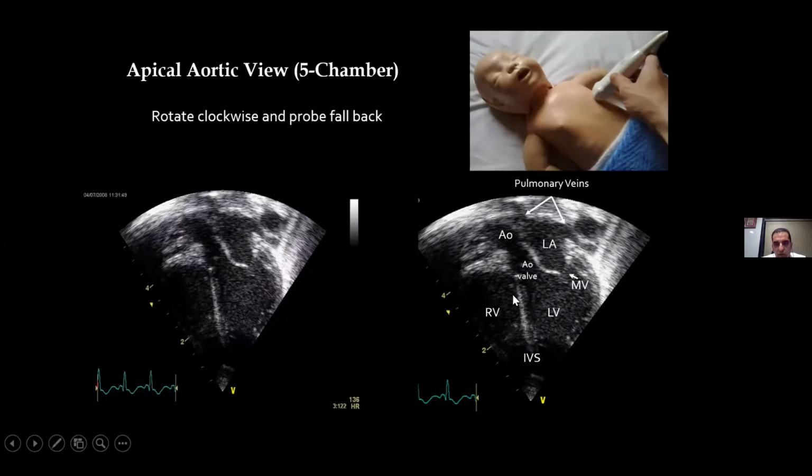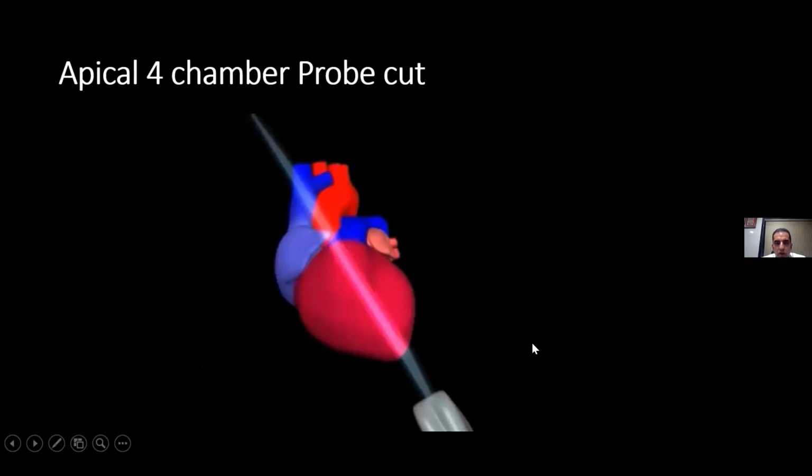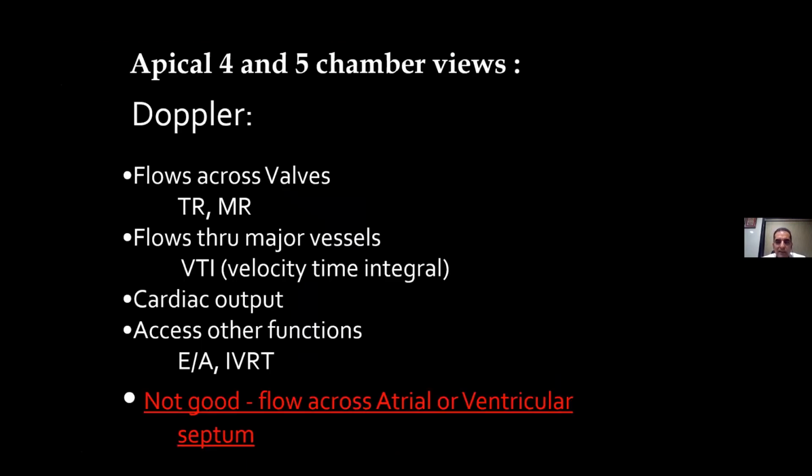And if I want to calculate the size, it is in line. They should be perpendicular. So this is not a good view to calculate the size and see the flow across any atrial or ventricular septal defect. I will be able to see, okay, there is a defect, but this is not a good view to calculate the size and do the Dopplers of the flow through the defect. This you should bear in your mind.